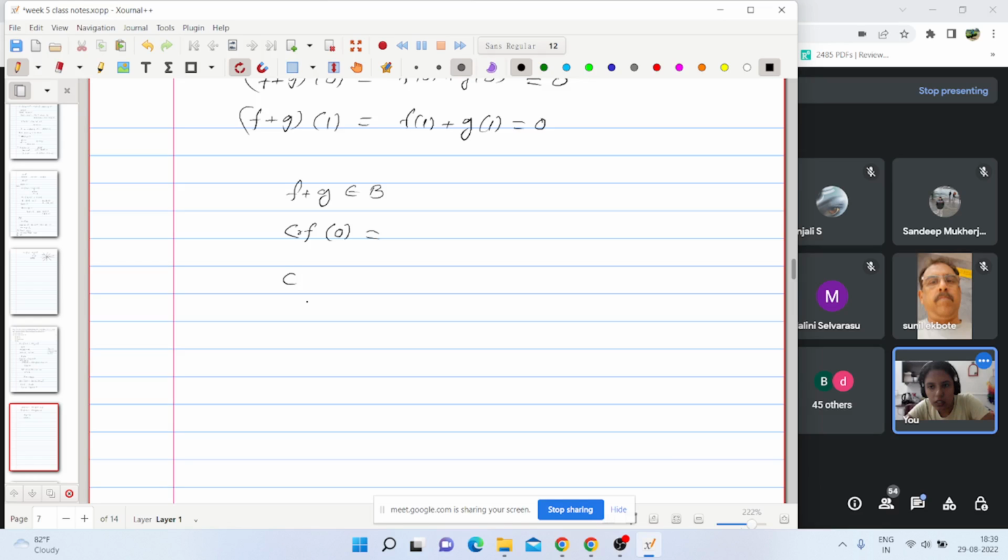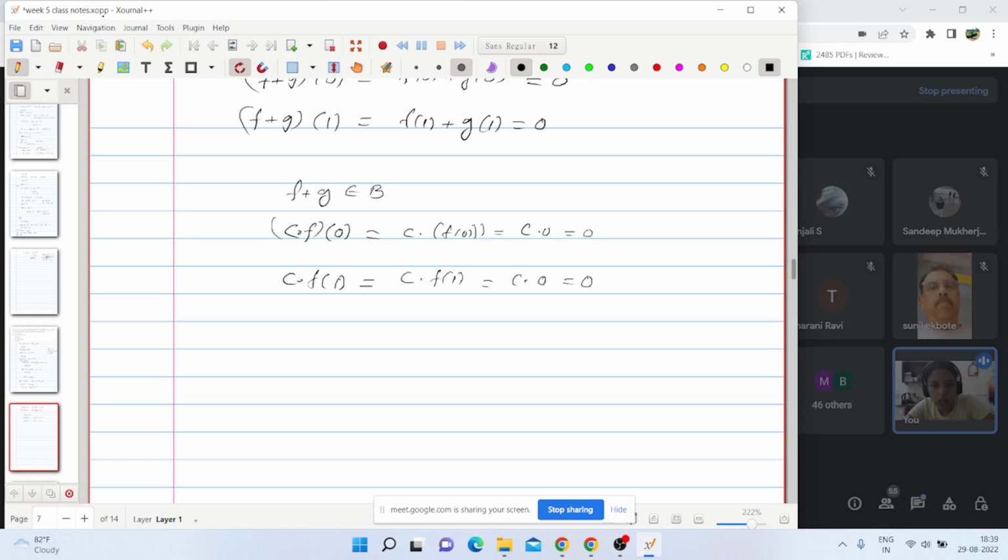This is very trivial to verify. This is also 0. So cf also belongs to B. Hence B is a subspace. So what we are getting is that both A and B are subspaces. Okay. In this case, both A and B are subspaces.